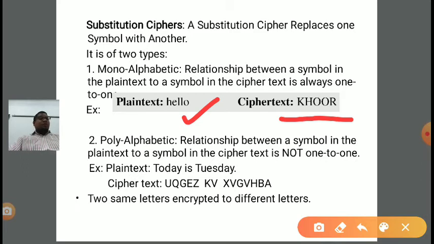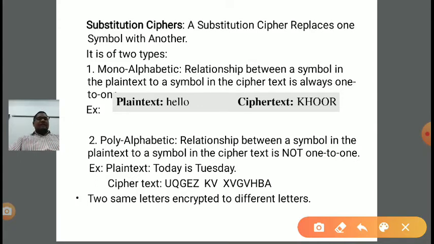Now if you notice, the third and fourth positions are LL, small l in plain text. Both are the same, so to make it a monoalphabetic cipher, both the L's should be replaced in the ciphertext with the same alphabet. Both the L's are replaced with capital O. It means there is a one-to-one relationship from the plain text alphabet to the ciphertext alphabet.